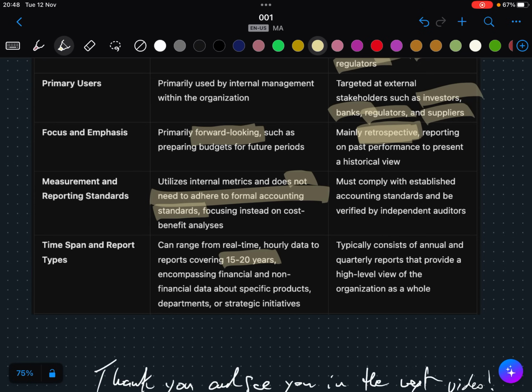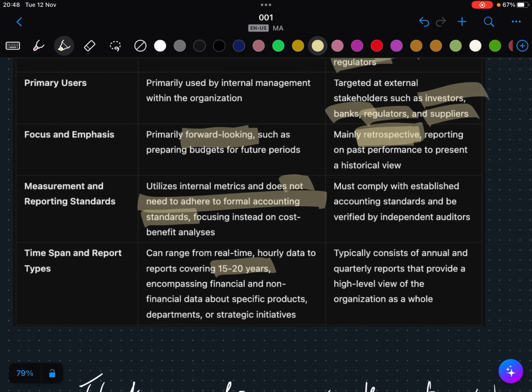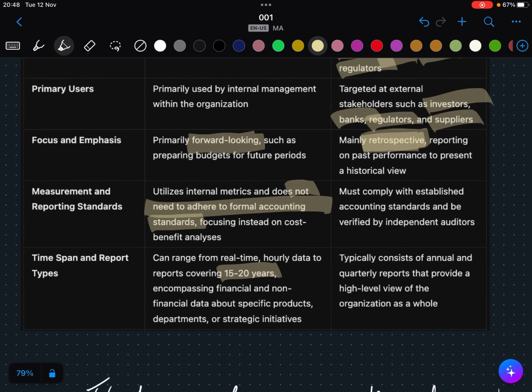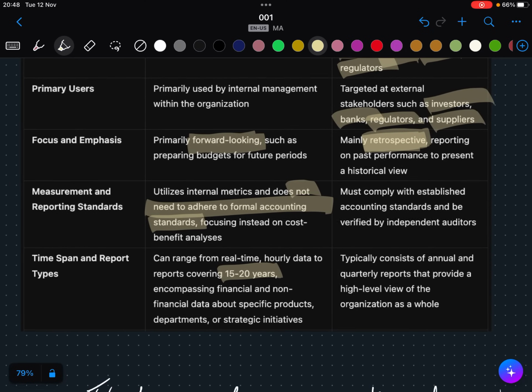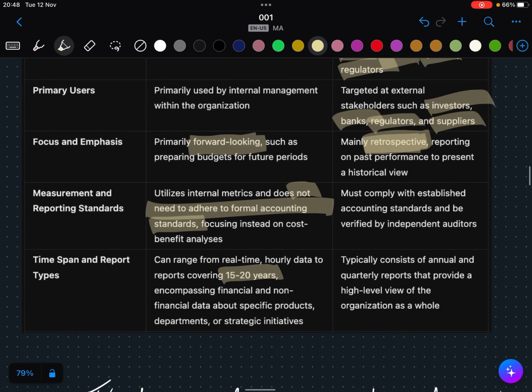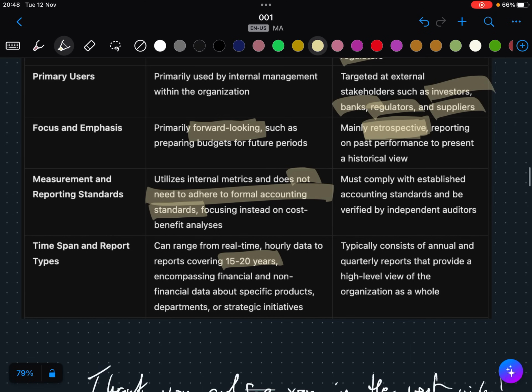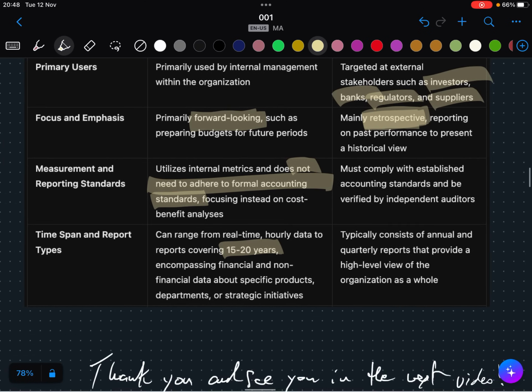Whereas in financial accounting, since we have rules and regulations, those stipulate how often reports such as the balance sheet, income statement, cash flow, etc. should be produced.